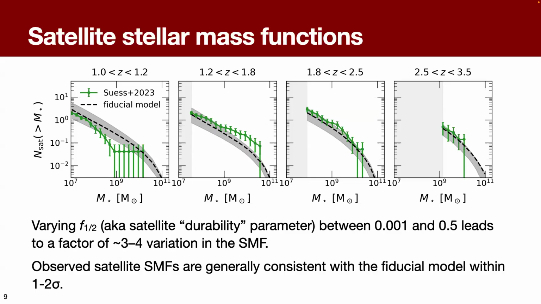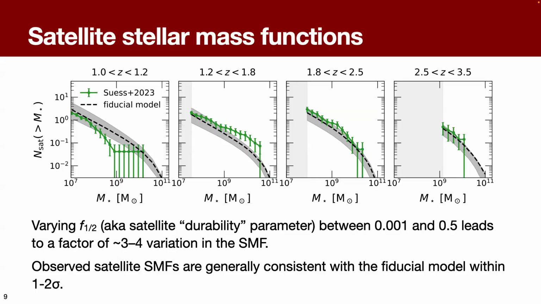Given the sort of observational uncertainties, though, our fiducial model is consistent with the observations to within 1 to 2 sigma, basically across the board, which is interesting. There might be a little bit of a hint of a redshift evolution in this durability parameter, where the data seem to prefer less durable things at lower redshift and slightly more durable things at high redshift.